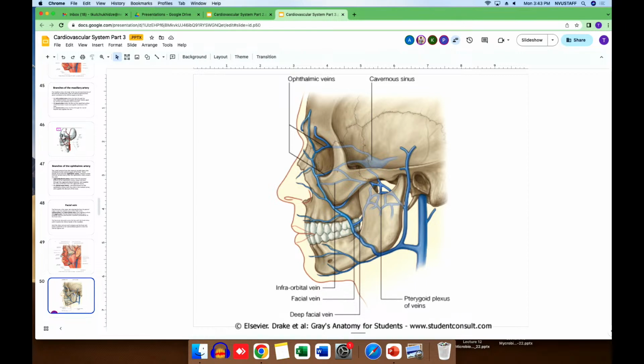And we can see here that we have the ophthalmic veins, right? We have infraorbital veins. We have the facial veins. So infraorbital branches are going to the facial vein. The facial vein also has a branch to the deep facial vein.